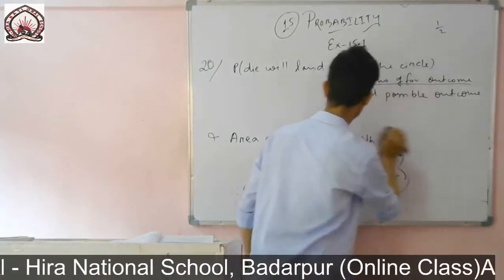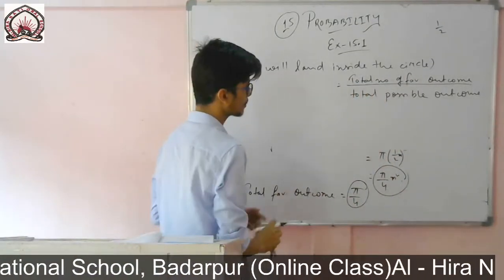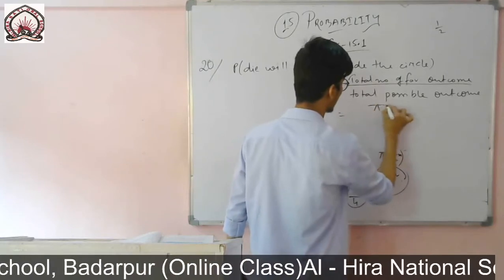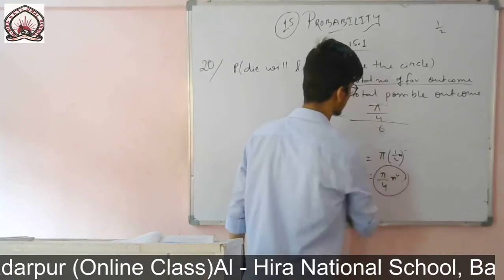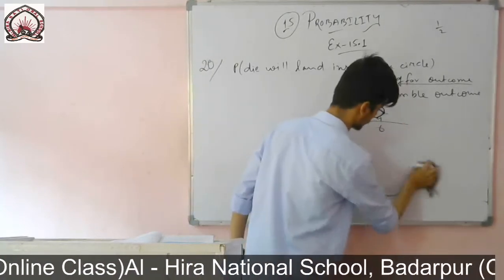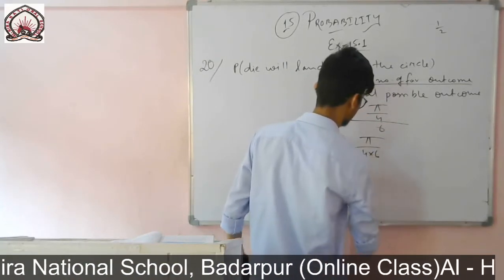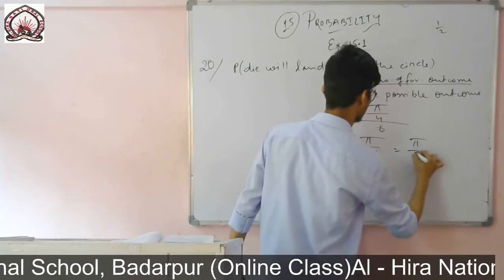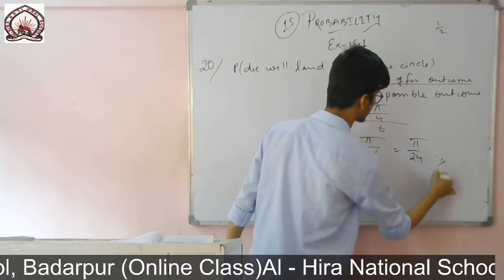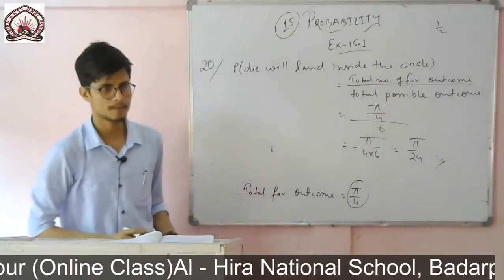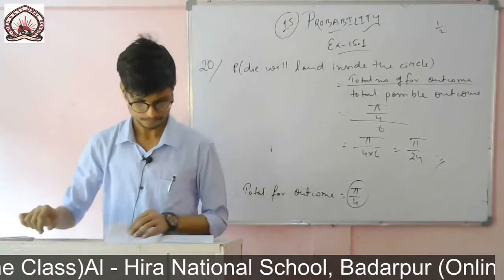Total possible outcome is 6, and the favorable outcome we just got is pi by 4, divided by 6. So it will be equal to pi by 4 into 6, that means pi by 24. So this is the required probability, pi by 24.